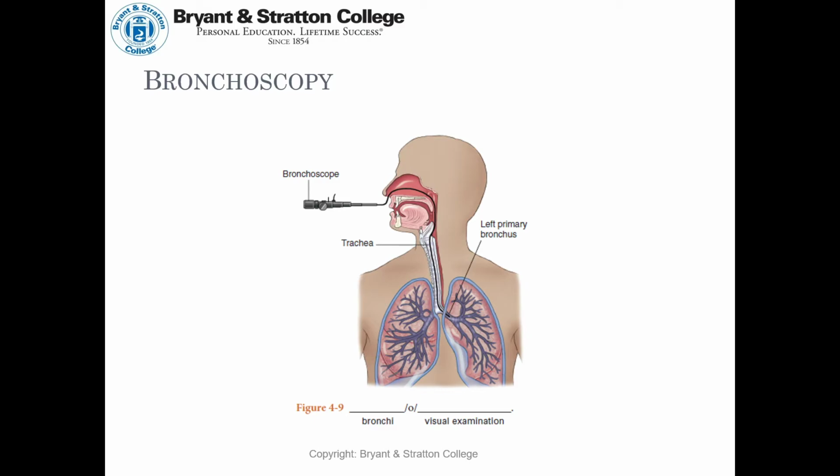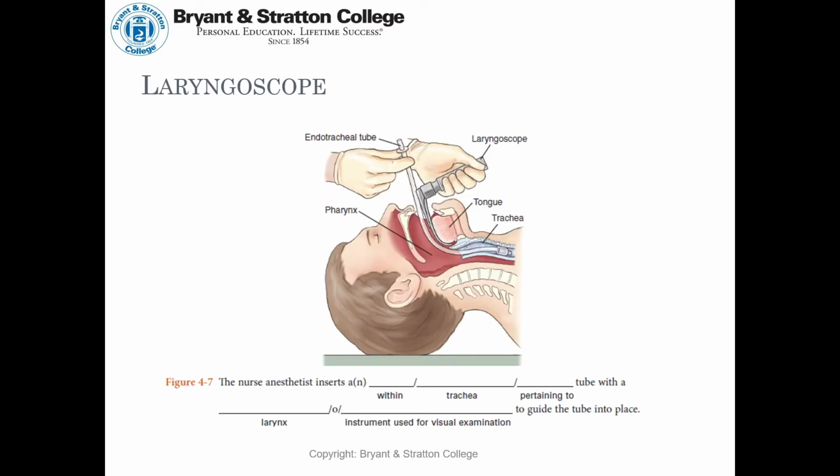Very important tool for examining the pathway to the lung, though. So what you see here with the laryngoscope is being used a little differently, but in this case, it's helping intubate the patient.